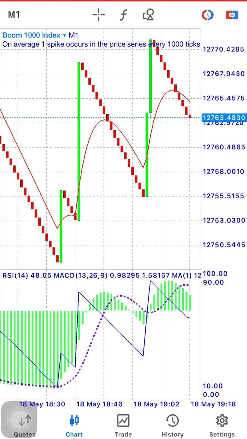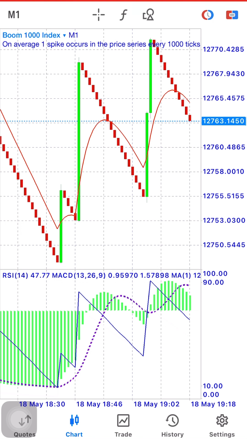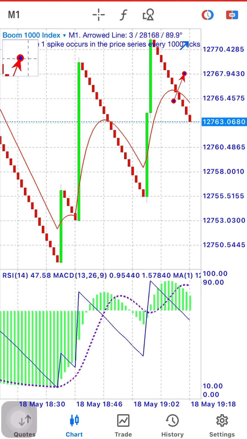So now how do we read the market? We are reading this market using the opposite of what we did in crash 1000. So now, once a spike occurred and this blue line touches level 90 on boom, it means we can enter, which means this spike, this last one, already occurred, and now the market is in this particular position.